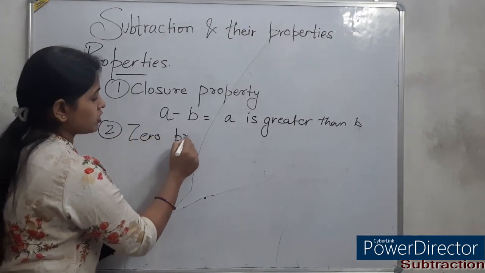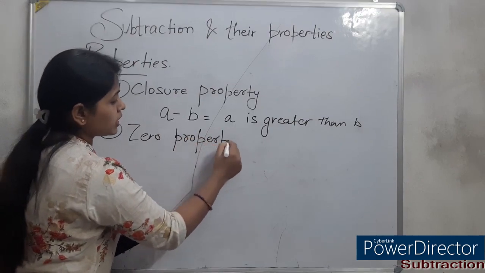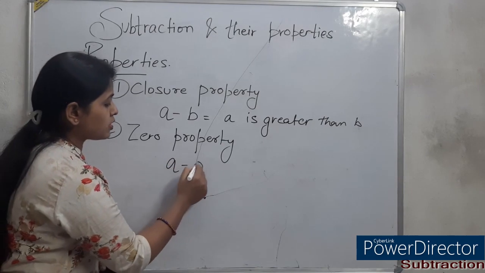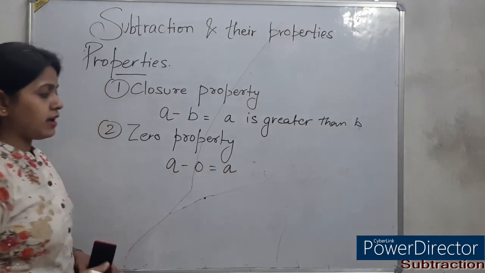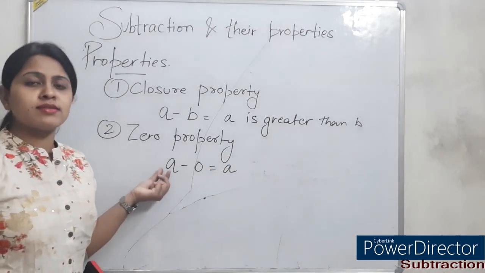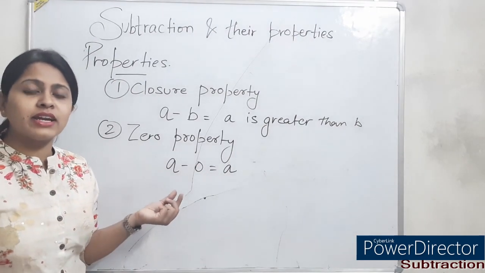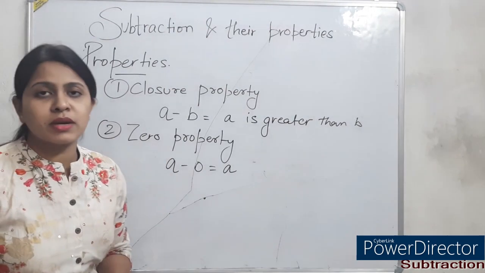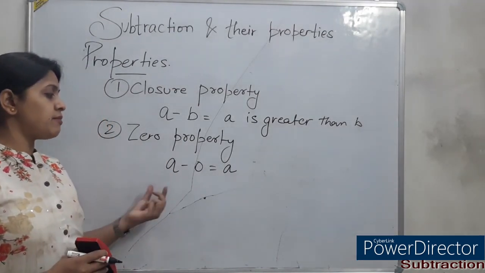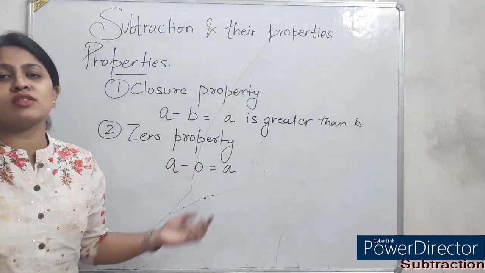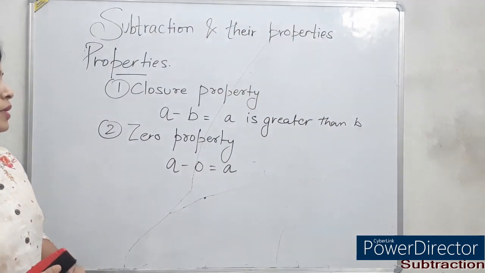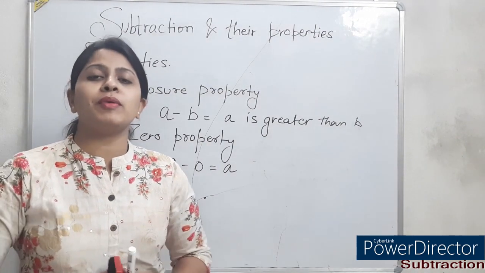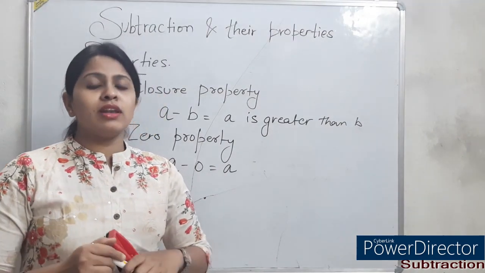In the zero property, A minus 0 is equal to A. Likewise, the additive identity A plus 0 is equal to A. Here in subtraction also this property holds: A minus 0 is equal to A. It keeps the identity of the particular number. But in subtraction, the commutative and associative properties will not work.